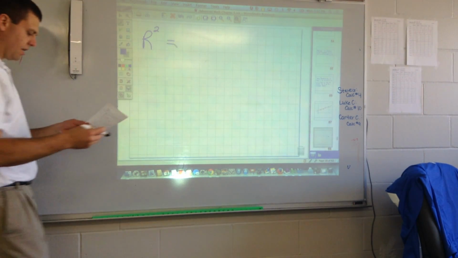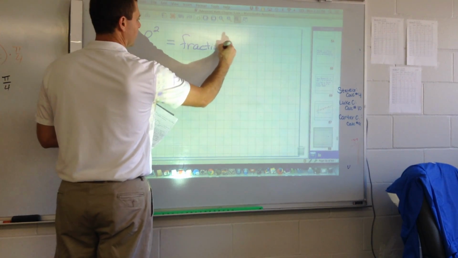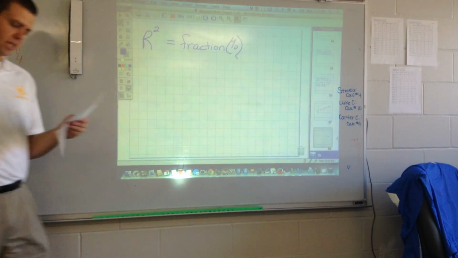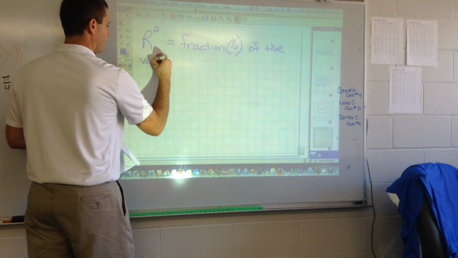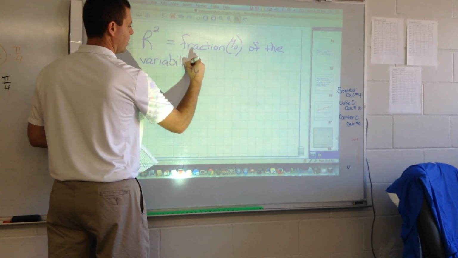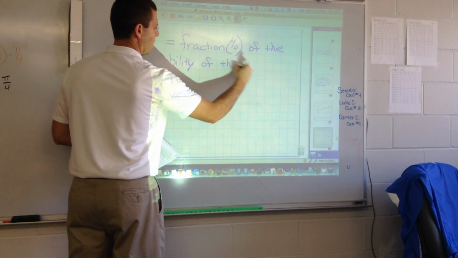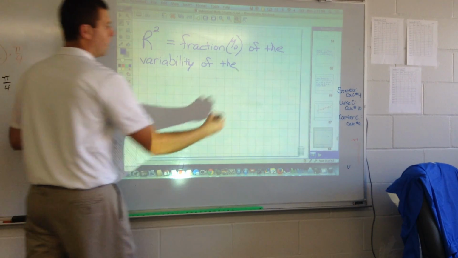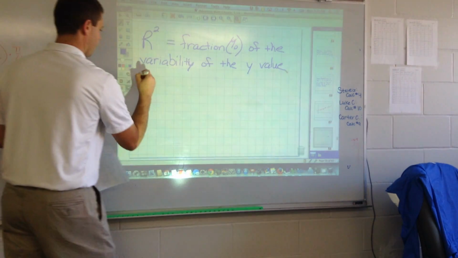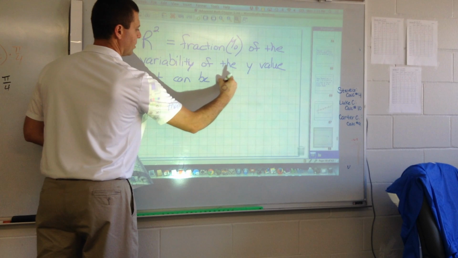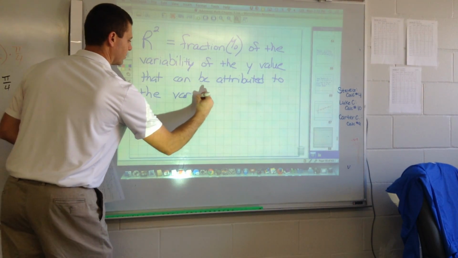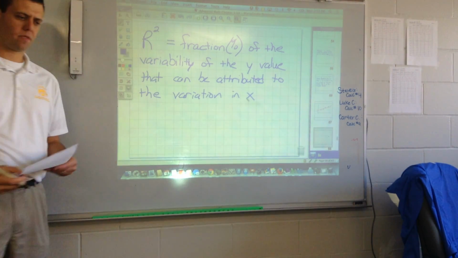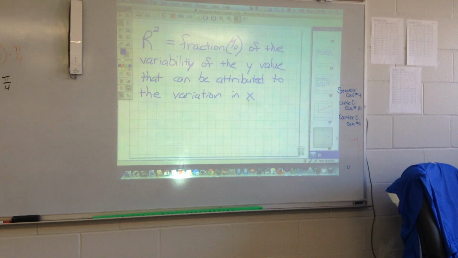And what that is telling you is the fraction, or the percentage or decimal, however you want to think of it, of the variability of the Y value that can be attributed to the variation in X. Now put it in terms of context when we get back to that story problem here in just a second.